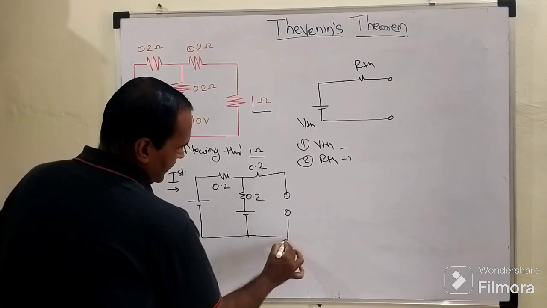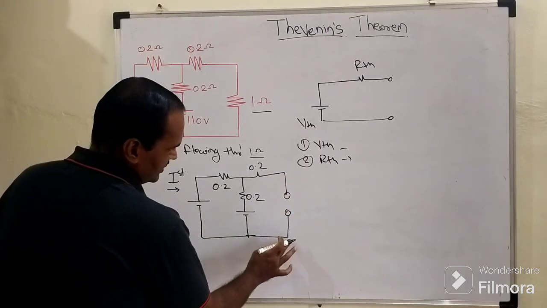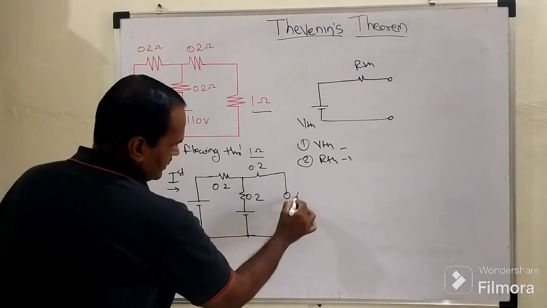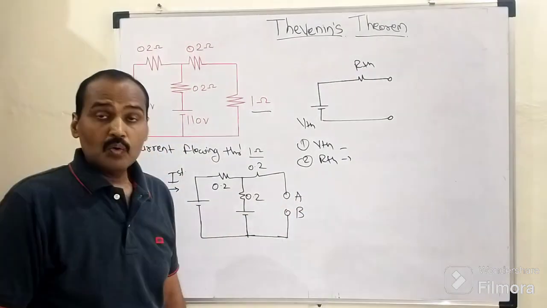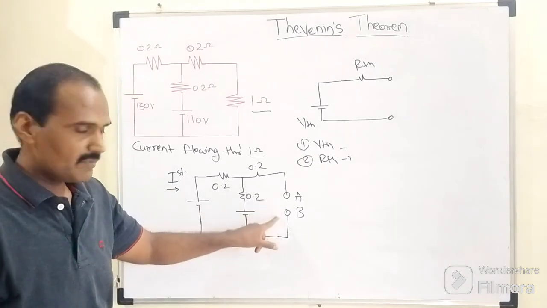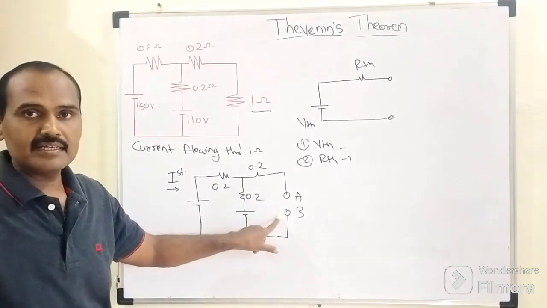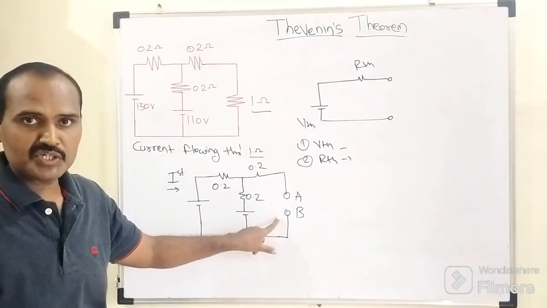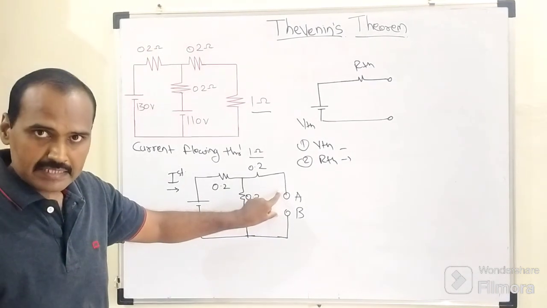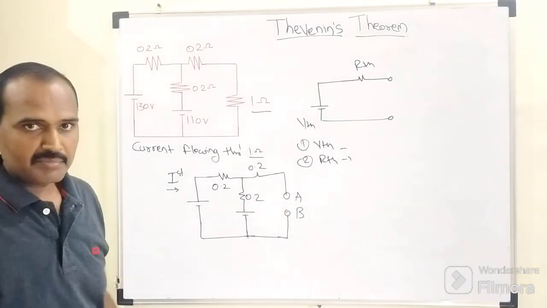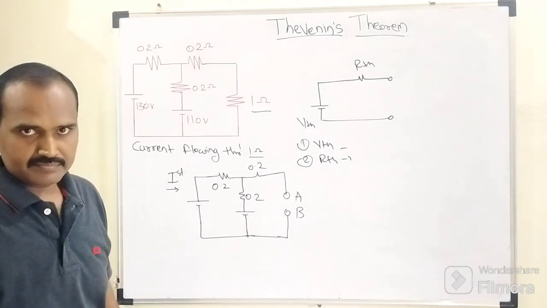So that target resistor is no more with us. In that first step, that target resistor is replaced with these two open circuit terminals A and B. Means virtually that resistor is being eliminated. Instead of that resistor, these two open circuit terminals, abbreviated as A and B, are connected in that circuit.